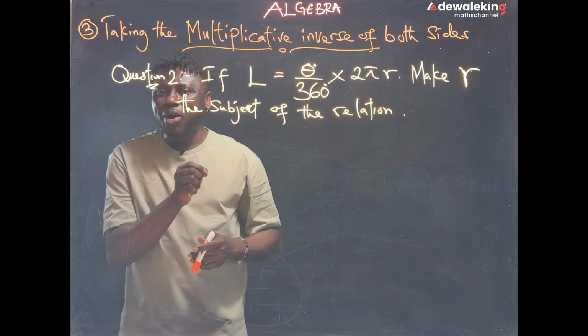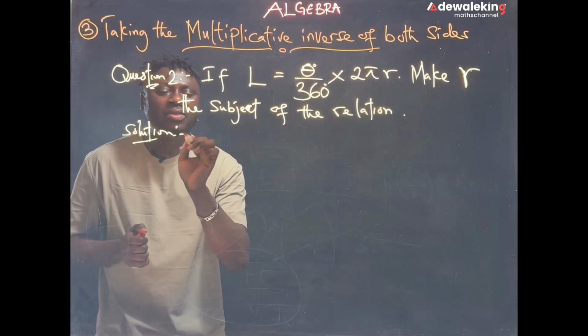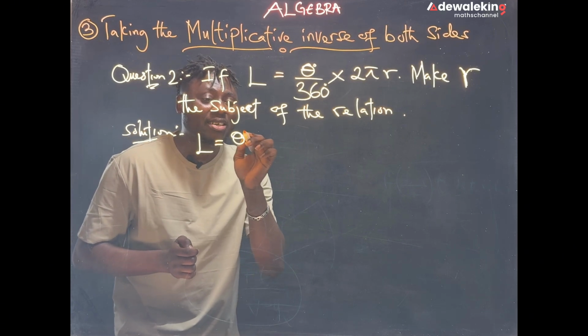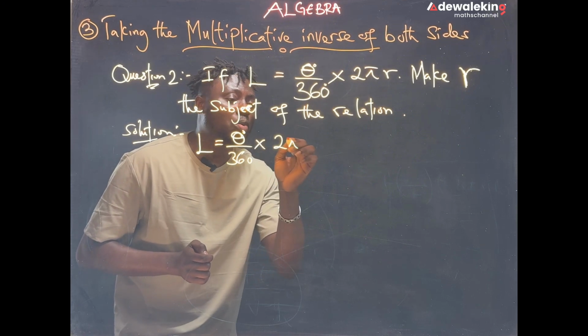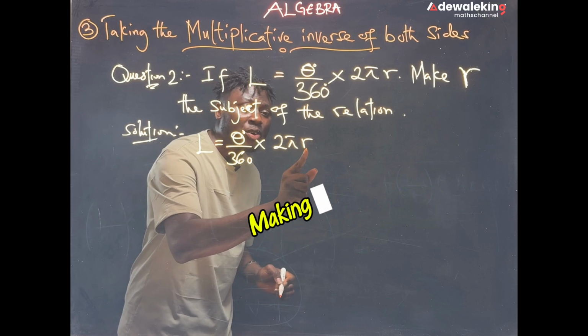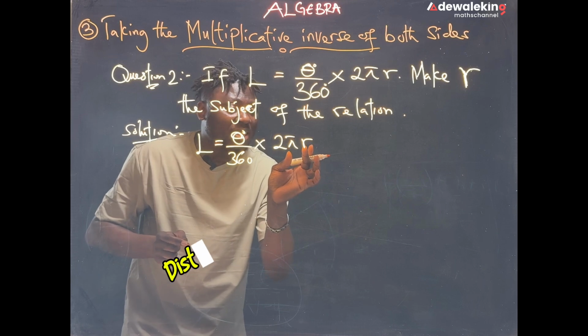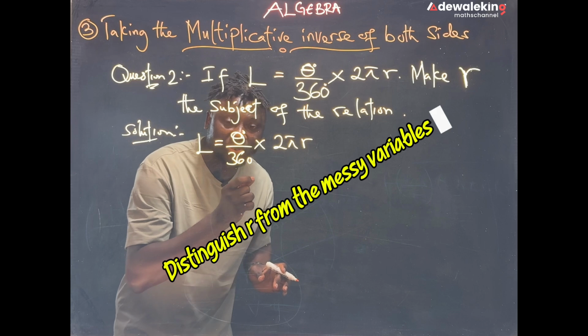Also, we can have a question like this: to make r the subject of the relation. This is how to go about it. It says solution. So we write the question, L is equal to theta over 360 times 2 pi r. So we are interested in making r look like L. So what we'll do is to distinguish r from these messy variables.